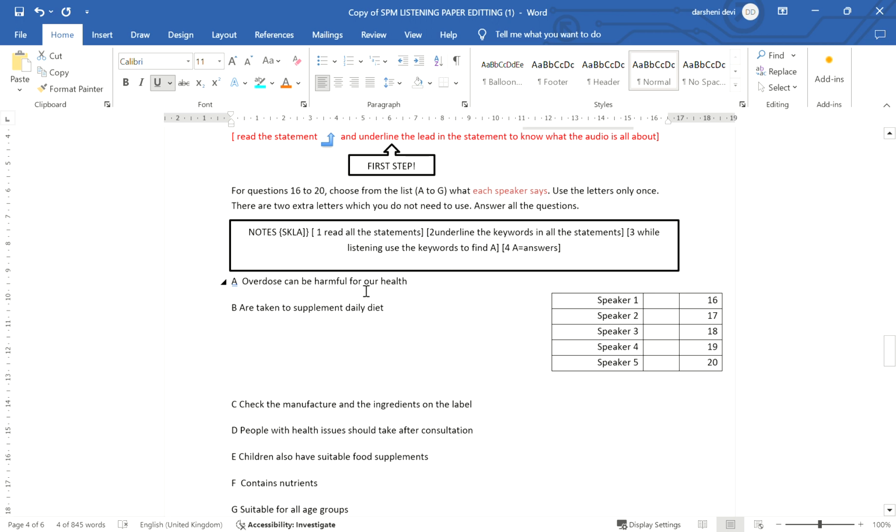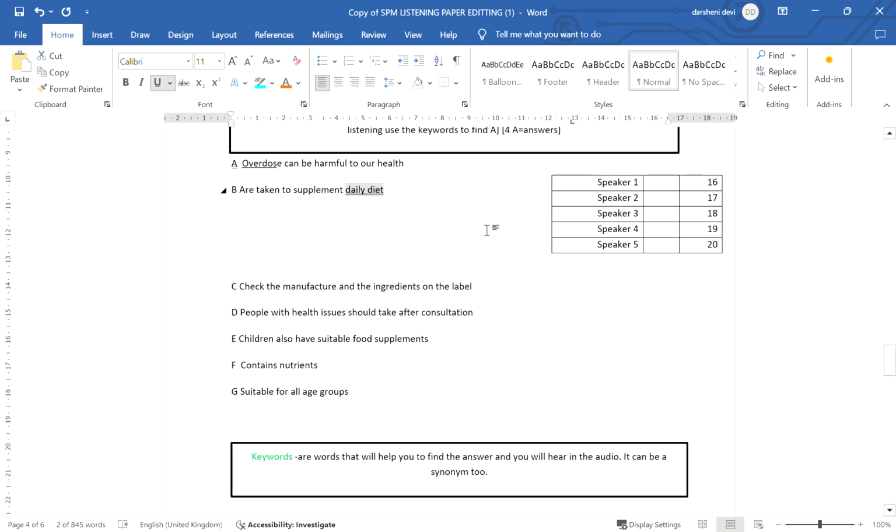Overdose can be harmful for our health. Okay, so it talks about overdose. So just underline overdose. Are taken to supplement daily diet. So this talks about daily diet. So underline daily diet. Okay, what other keywords can you find in the statement?